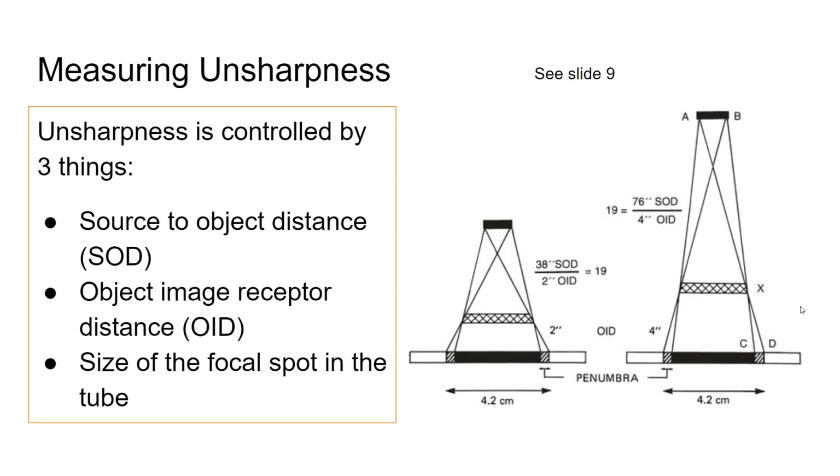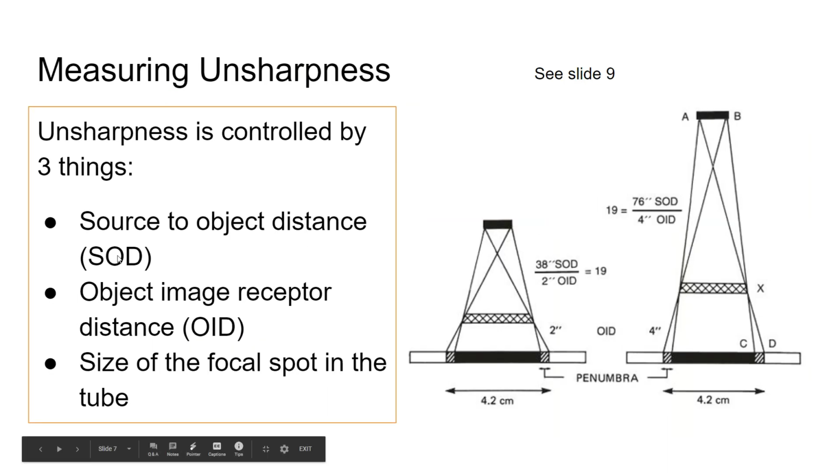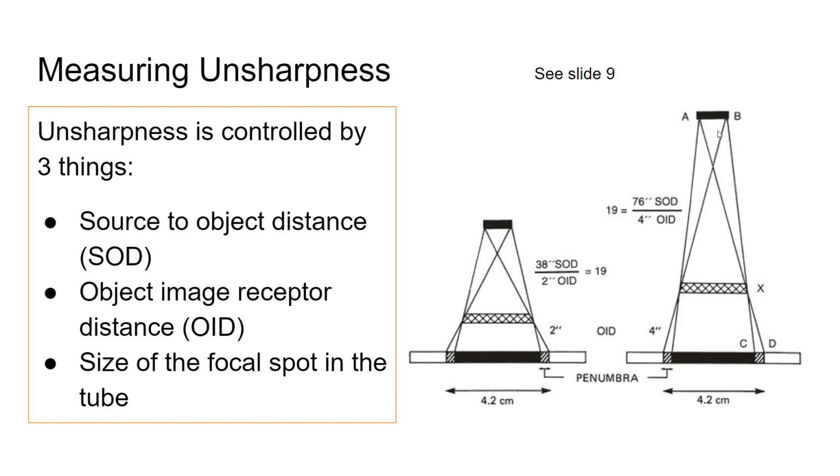Okay, so can we measure this stuff? Yes. Is it based on some things that we can quantify? Yes, some easier than others. So we have some terms that we've already gone over. We have your source to object distance, SOD. That's from the source to the object.